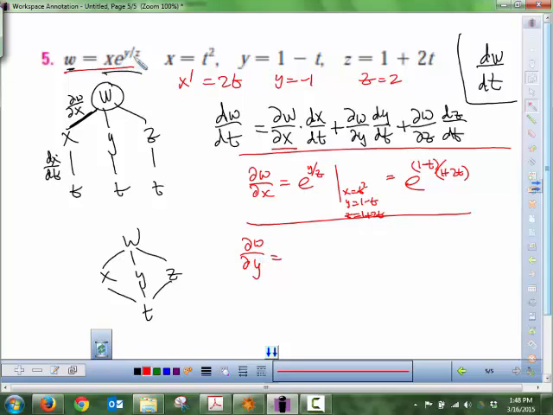Now I want the derivative of x times e to the y over z with respect to y. This time y is a variable, x is constant. So if I take the derivative of this with respect to y, it's going to be e to the y over z times the derivative of y over z with respect to y, which is what? 1 over z.